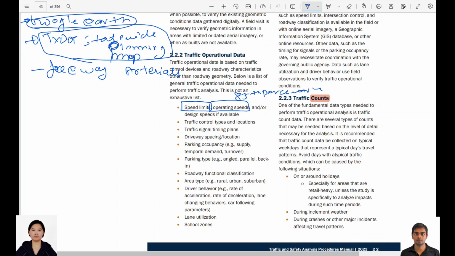However, in the majority of projects, even though the Highway Capacity Manual and many manuals have the term operating speed or roadway speed, which is 85th percentile speed, we do not actively calculate it. We estimate it based on speed limits, and then design speed given by our roadway team.